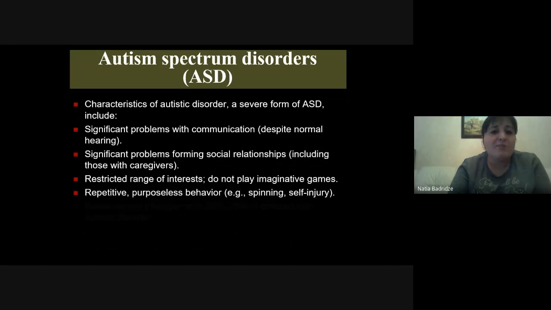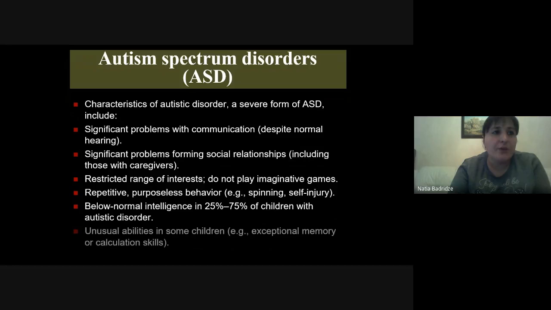So, autism spectrum disorder is a very severe disorder, and the characteristic of autism spectrum disorder is significant problems with communication. The child has normal hearing, but has significant problems with communication.